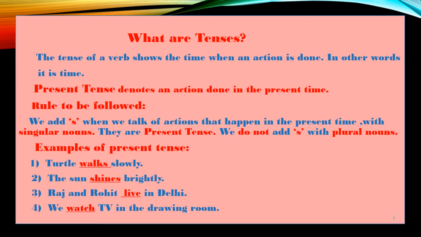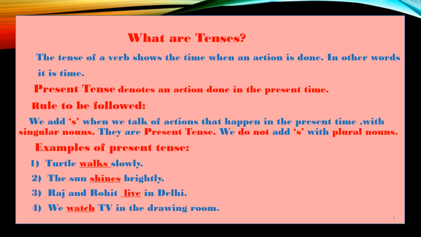There are three main types of tenses: present tense, past tense, and future tense. But children, in class 2, right now, I am only going to tell you about two types of tenses. One is present tense and the other is past tense.